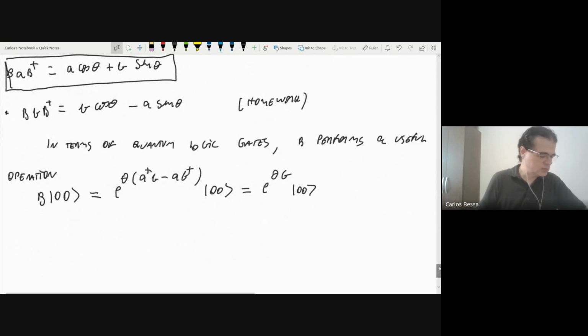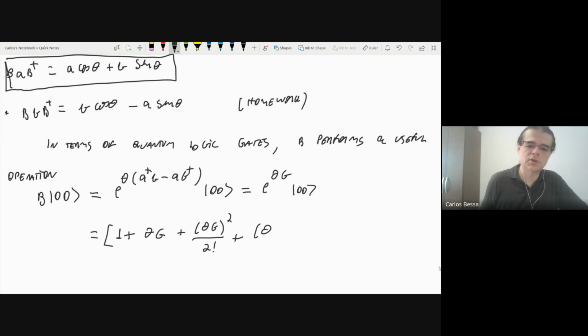Expanding this is the thing that we are used to do. We just need to expand this exponential operator, like 1 plus theta G plus theta G squared over 2 factorial plus theta G to the cube and so on, applied to 0, 0.